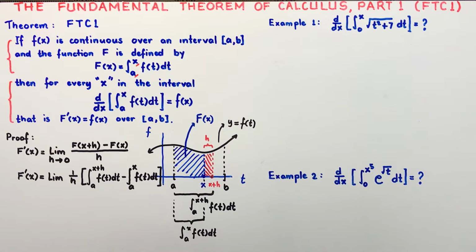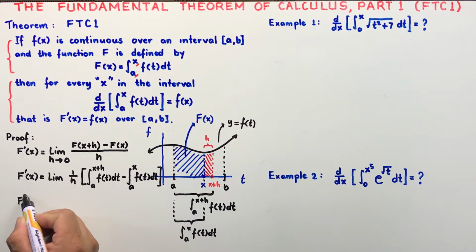Now, suppose we reverse these limits of integration. This lower limit will become the upper limit, and this upper limit will become the lower limit. We will be writing a negative in front of this integral.